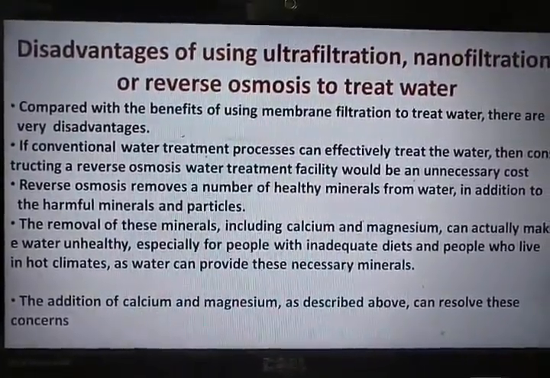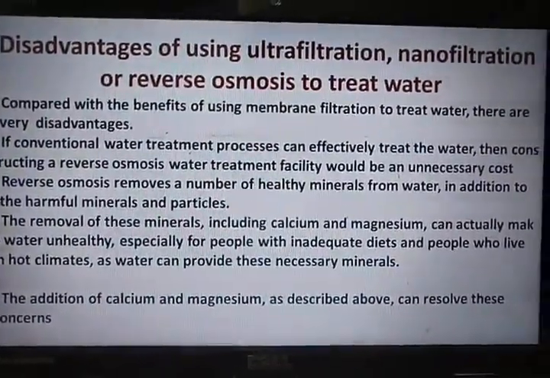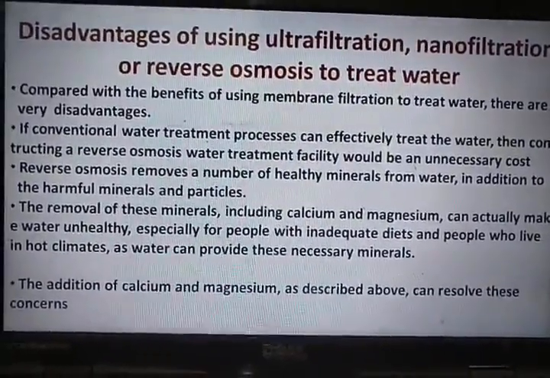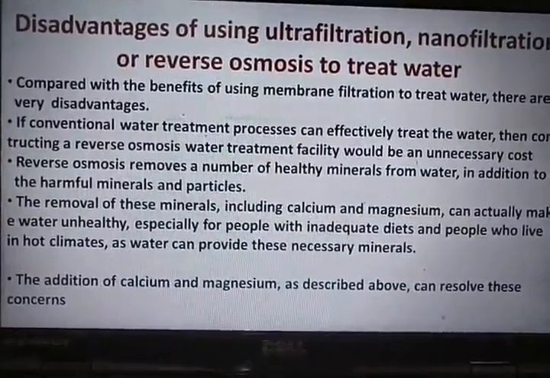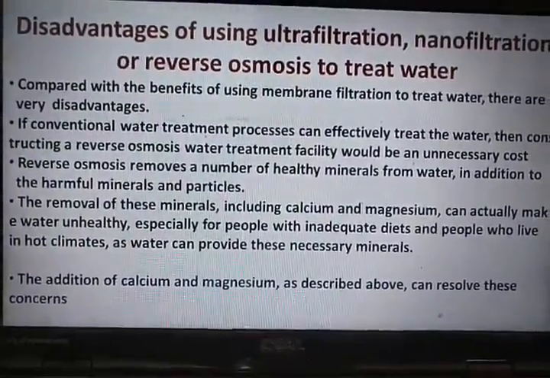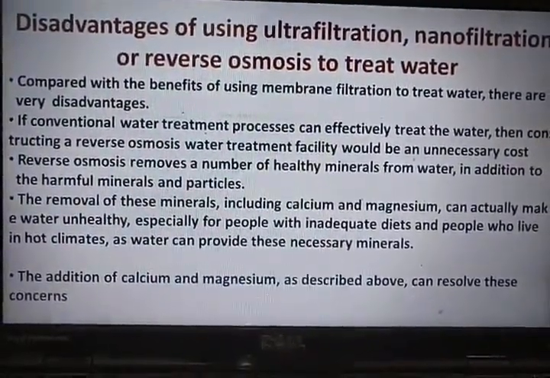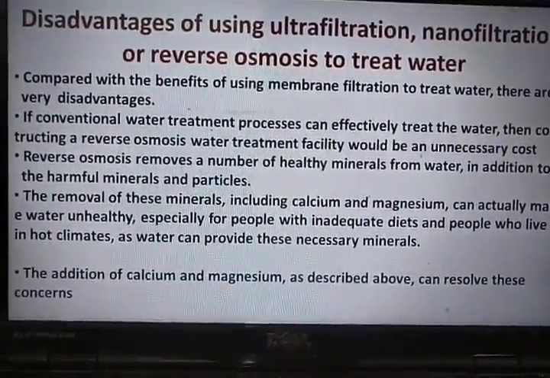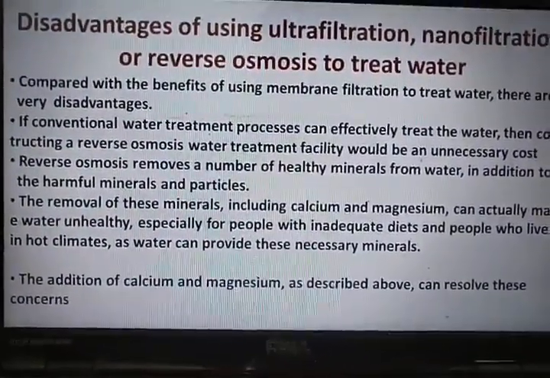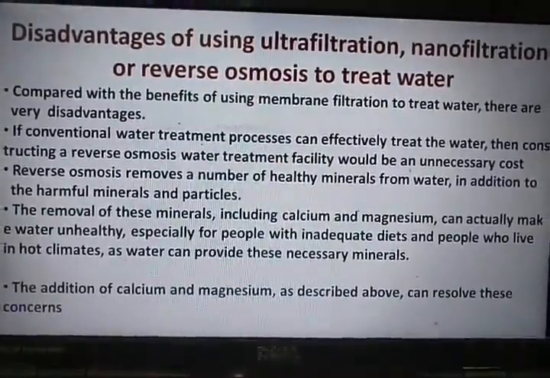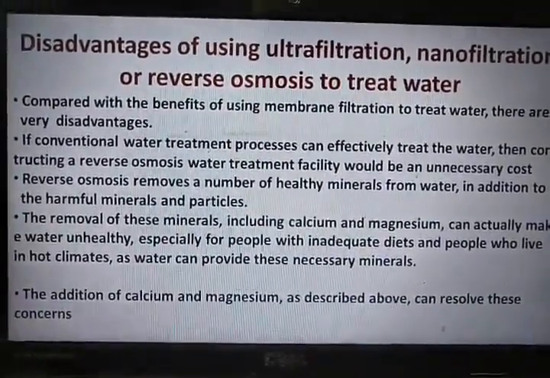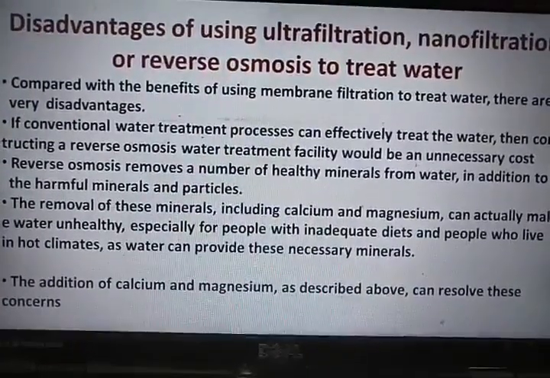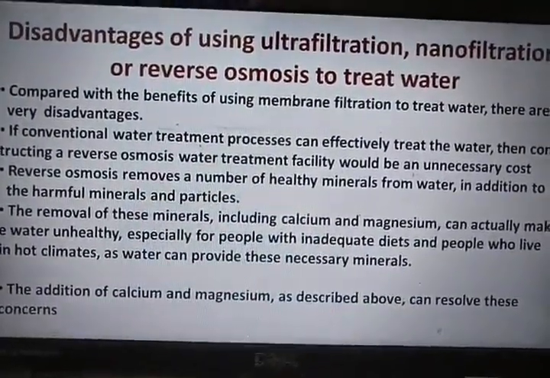The reverse osmosis membranes remove a number of healthy minerals from the water in addition to the harmful minerals and particles. The removal of these minerals essentially involves calcium and magnesium. It makes the water unhealthy, especially for people with inadequate diets and people who live in hot climates, as water can provide these necessary minerals to the people who consume it.